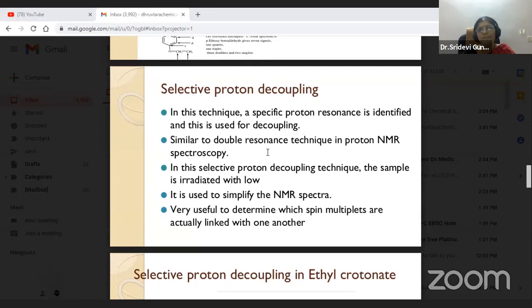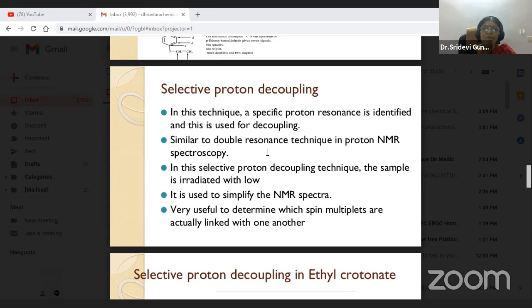Suppose you have methyl ethyl ether. OCH3 is a singlet, CH2O is a quartet and CH3 is a triplet.